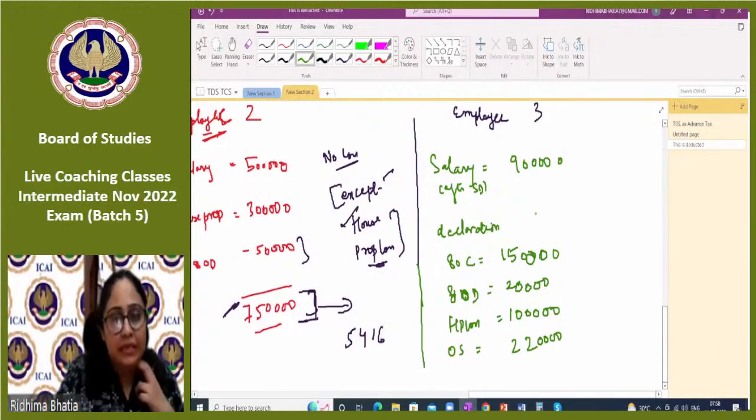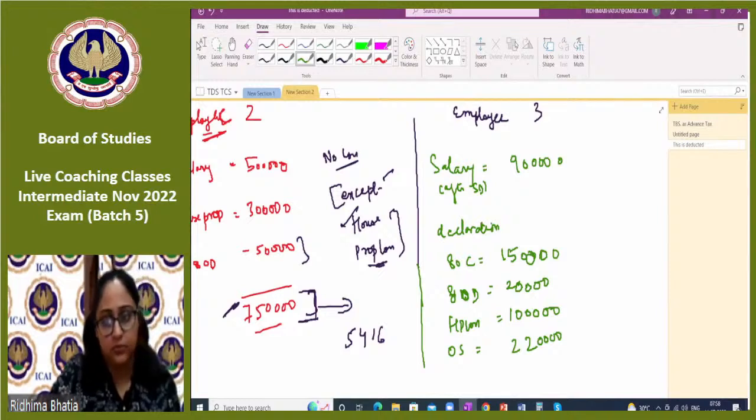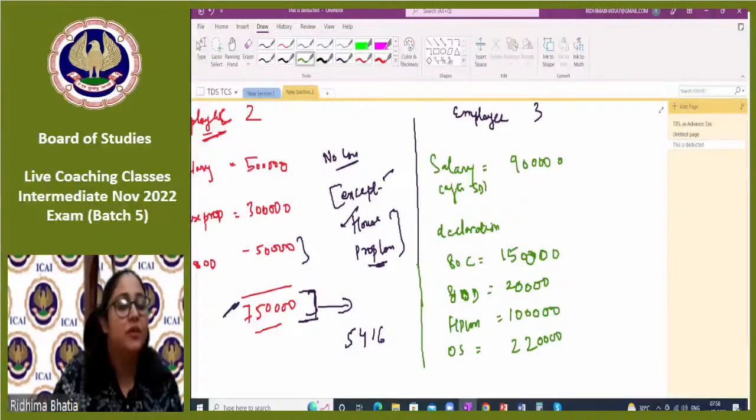So these are the declarations made to you. The deductor will provide the TDS certificate, Sushil. TDS is only deducted by the source.